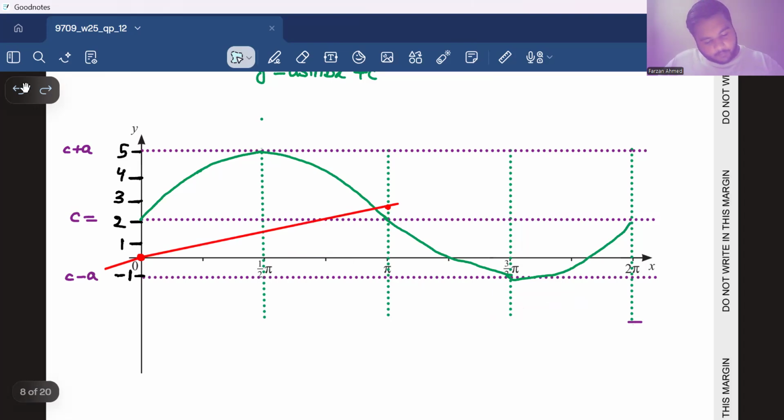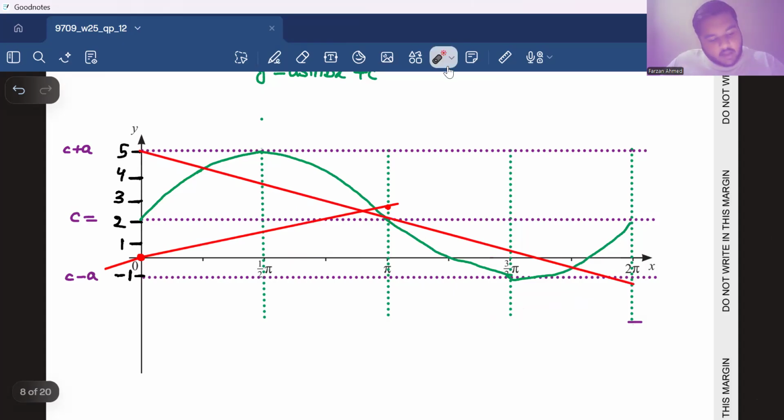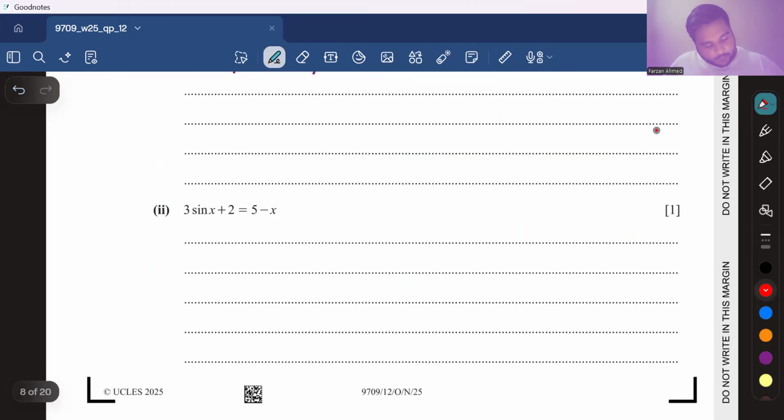So this is from here till here. We can find three intersection points: one, two, and three. So in part B, part two, we write that we have 3 points of intersection.